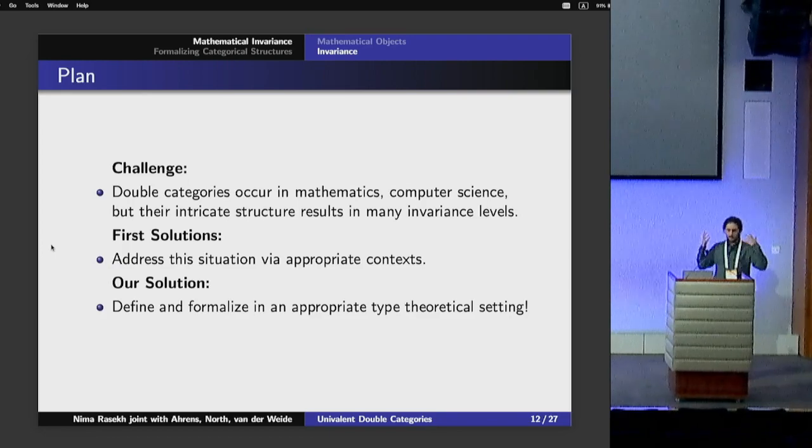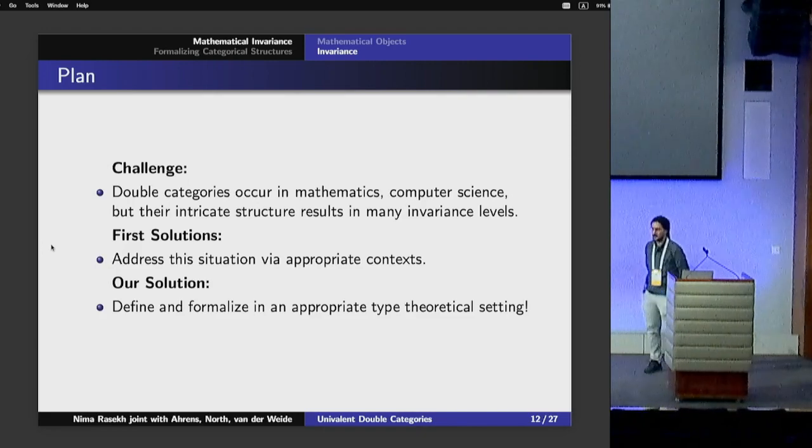And the principle that we aim for, that comes from this work, is that instead of working in a classical setting, you work in some sort of univalent setting, where you change the invariance from the context into the object itself. You can define your objects in a way so that they incorporate their invariance as part of their structure. So that's where we're going to get to.